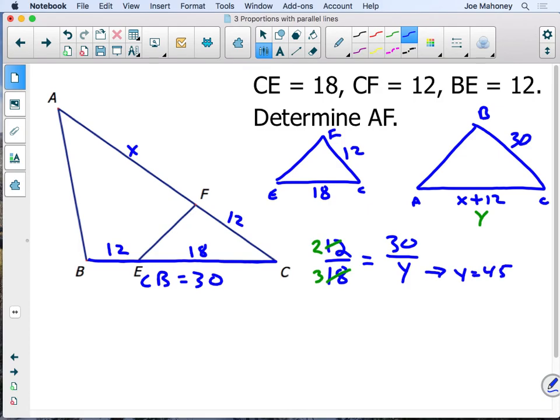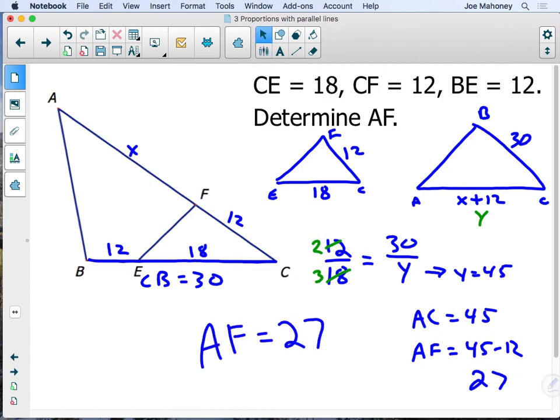So if my whole length is 45, that's AC. AC has a length of 45, but I want AF. So that's 45 minus 12. And 45 minus 12 is 27. So the length of AF is 27. Hey, that's a tough problem. Could you imagine how hard it would be if you didn't separate the triangles? Hey, mamma mia.